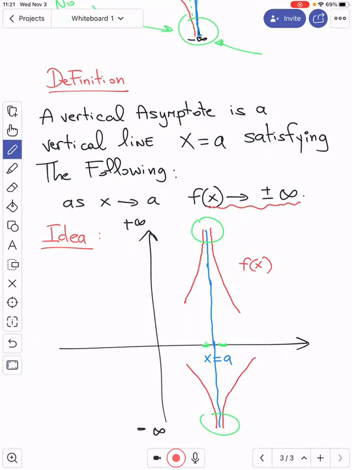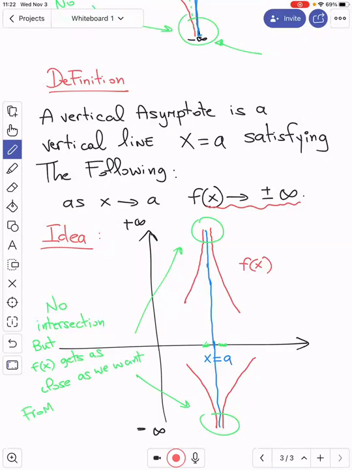So there's no intersection between the graph and the vertical asymptote, but f gets as close as we want to the vertical asymptote.